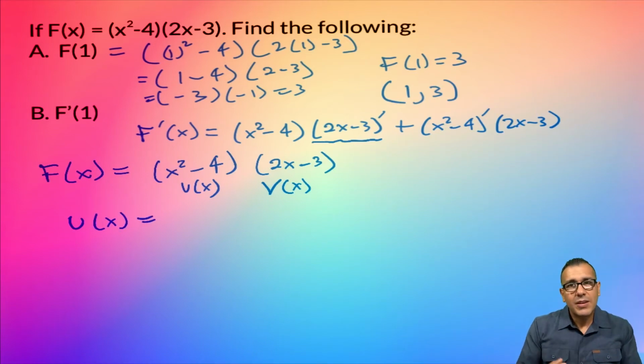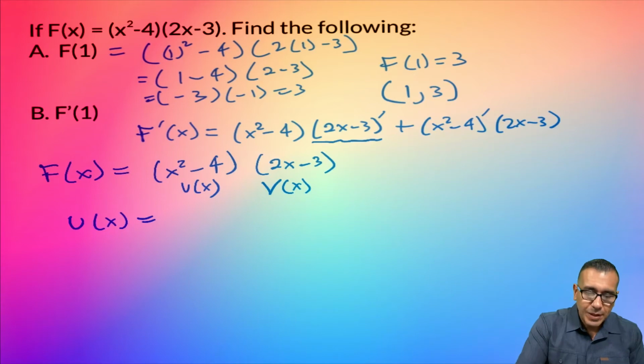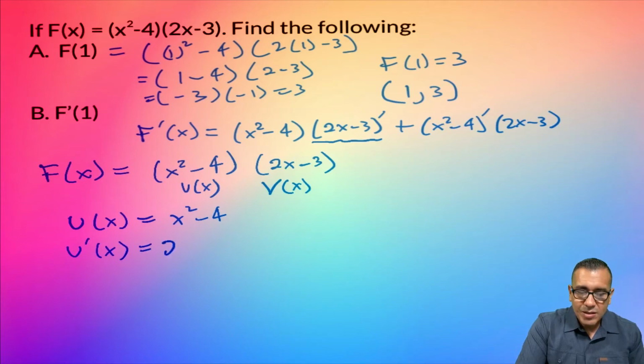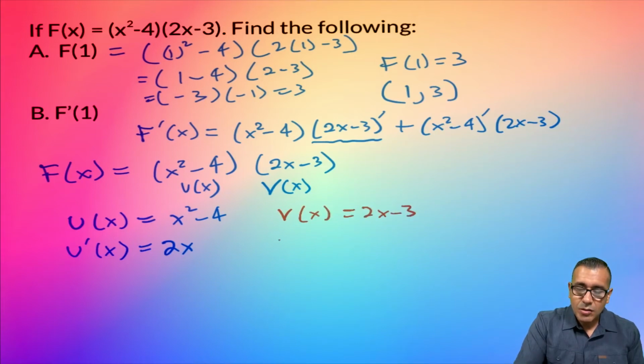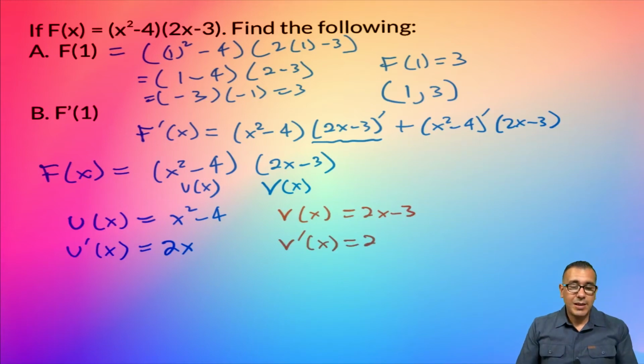You could call it g of x, h of x, doesn't matter. U of x is x squared minus 4, so u prime of x, right, the derivative of that is just 2x, because I bring this 2 to the front, and this I drop by 1. The derivative of negative 4, that's just 0. Now let's find the derivative of v of x. I'll make it here in red. So v of x is 2x minus 3, so v prime of x is just 2. Well, that's awfully nice there.